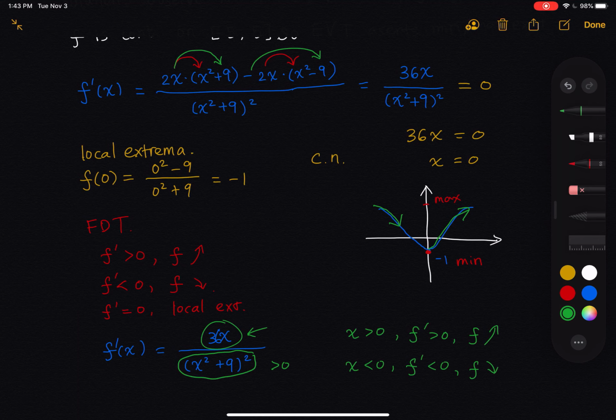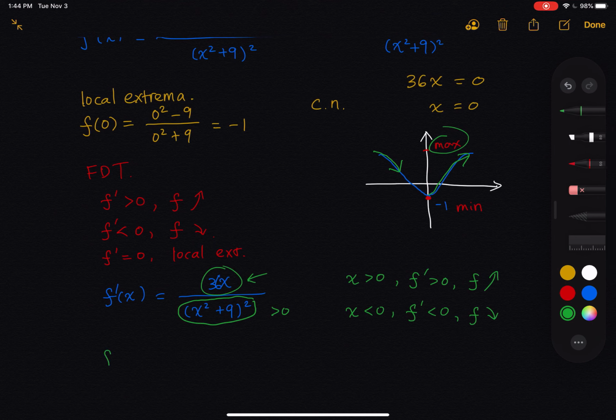So that kind of guarantees us at the endpoint, you get the maximum. So you can just verify that by plugging in f of, let's say, 5. What do you get? You get 5 squared minus 9 over 5 squared plus 9. So you get 25 subtract 9, 16. 25 plus 9, 34.